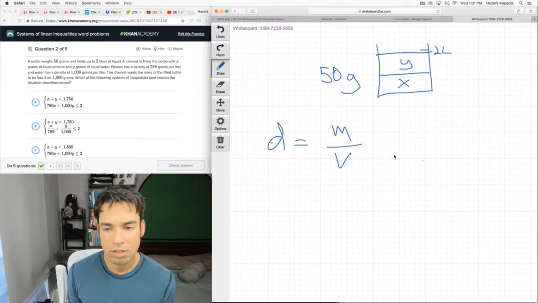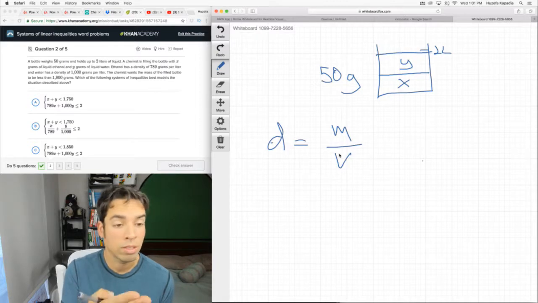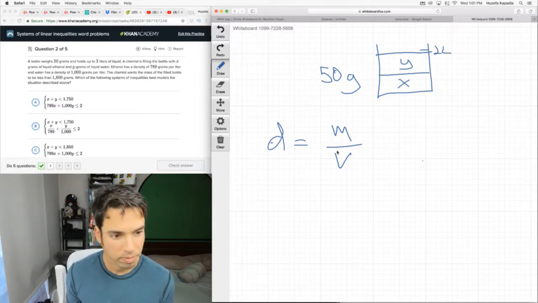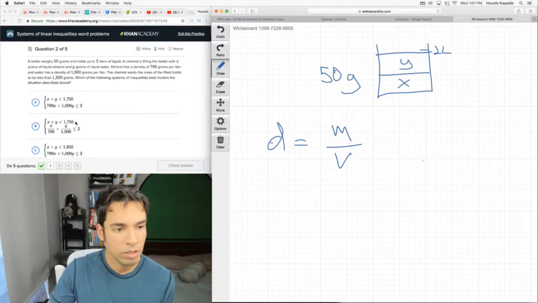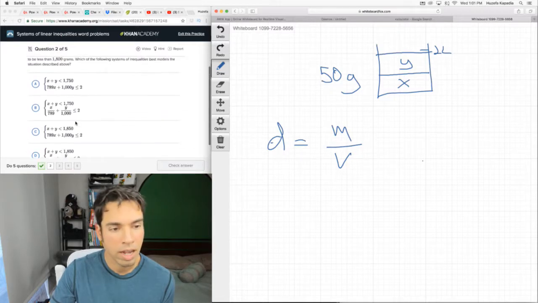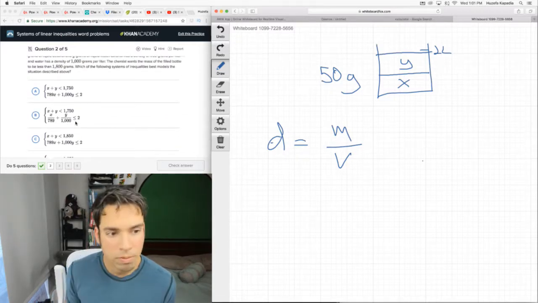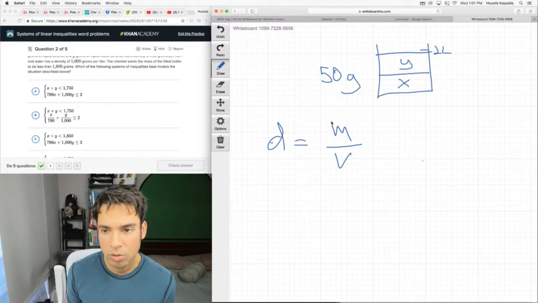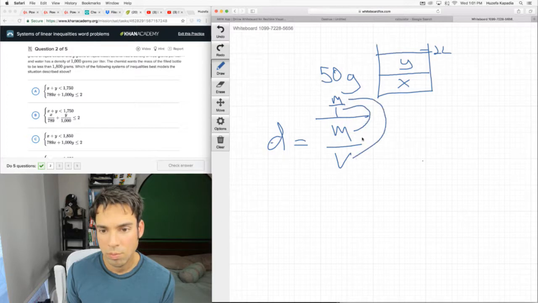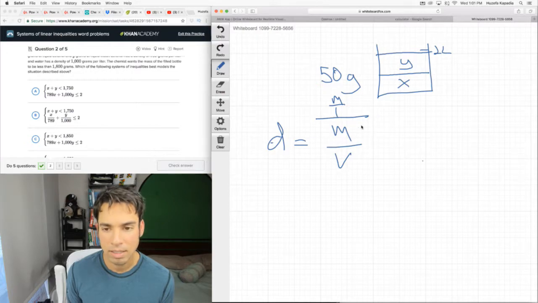We're trying to get it to less than 2 liters. Then what we need to do is flip this. If we do mass over this, we get volume.